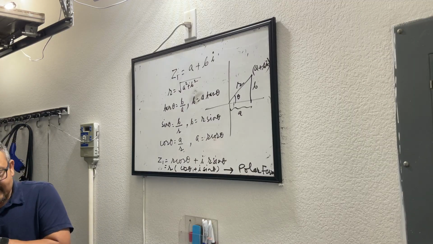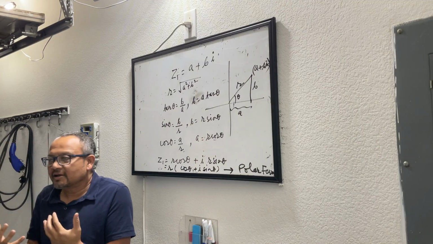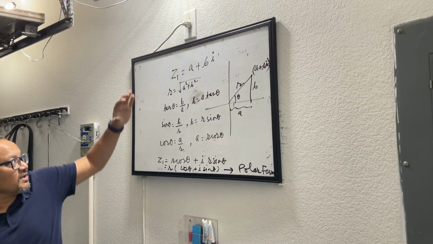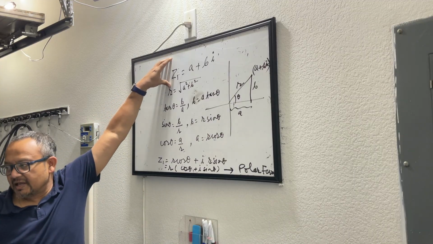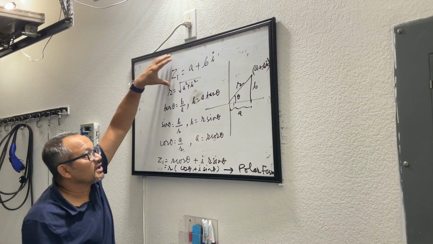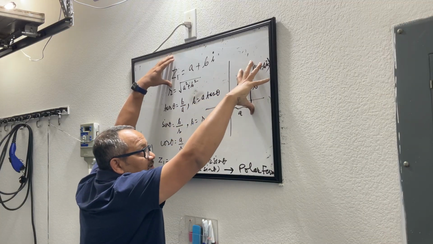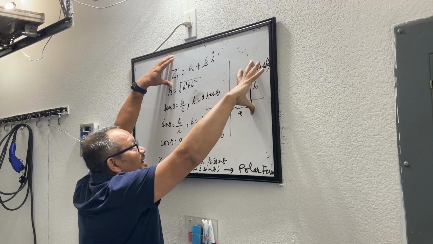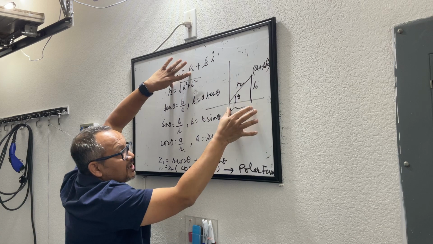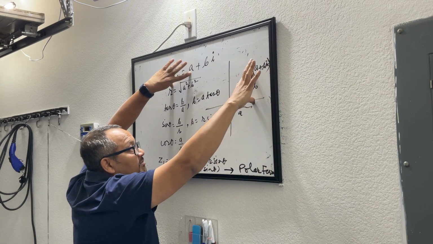No, so again, the clue here is you have to visualize first. If you have a complex number, you have to visualize it like this first. Okay? That this is my real component, this is my imaginary component.